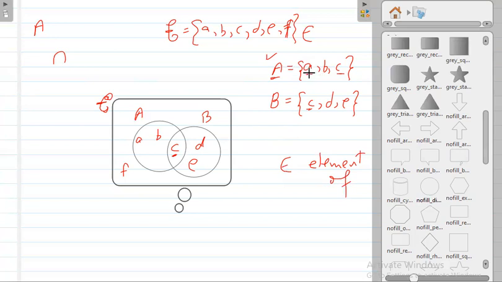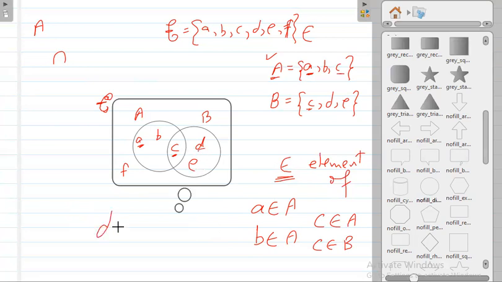So this element A is inside the set A, so I can write A is an element of set A, or a member of set A. B is in A also, so I can say B is a member of A. Okay, so this symbol means element of. C, I can say C is an element of A. C is also an element of B, because you can see C is an element of both A and B.